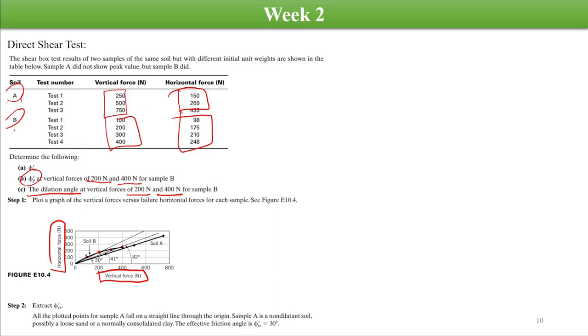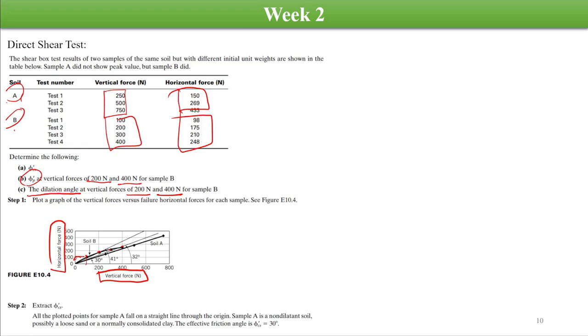So this value corresponds to a horizontal value of around 150 and a vertical value of around 250. This one is for soil B, so we are plotting for soil B. This one is going to be a horizontal stress of around 98 and a vertical stress of around 100, right? Here in the middle.